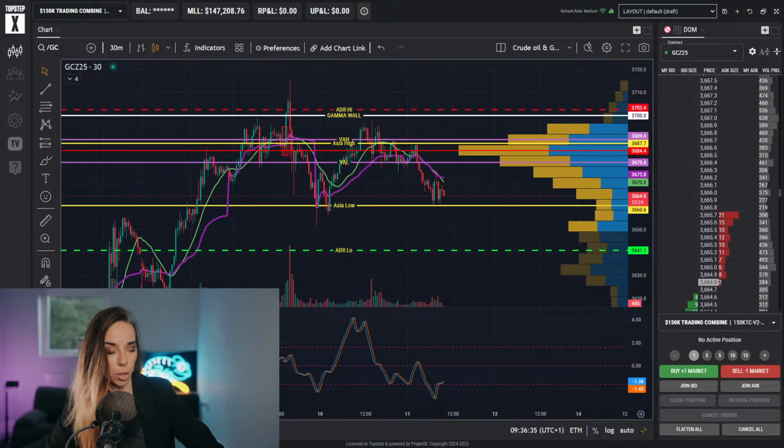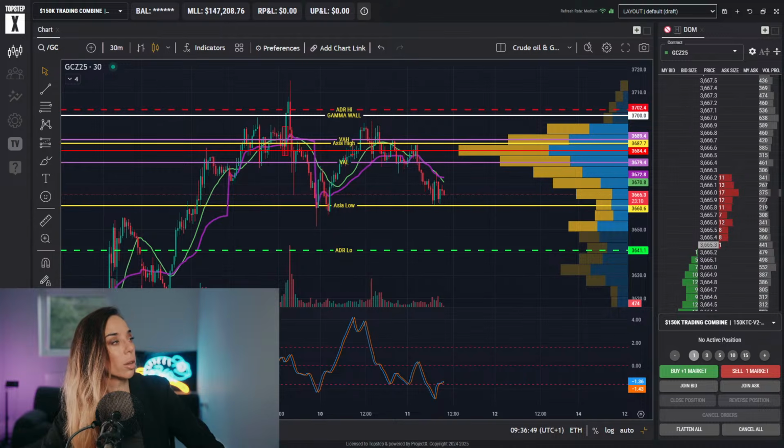Another thing is that we do have CPI later on. That could be something that affects gold and copper as well. So we're going to have a look at copper. We can have a look at silver and platinum as well. So let me just have a look at the options. Okay, options chain gamma wall is still sitting up at 3700. That has not changed.